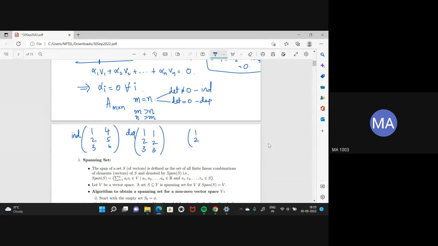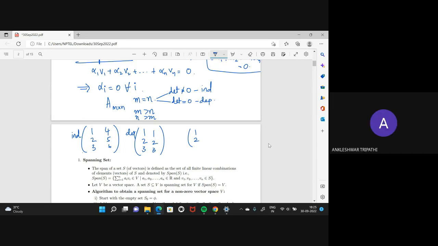You put the vectors as columns and do row echelon form. If you get a pivot in each column, it means that all those columns are independent.